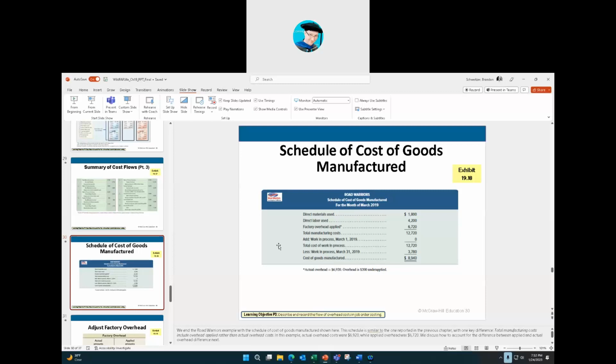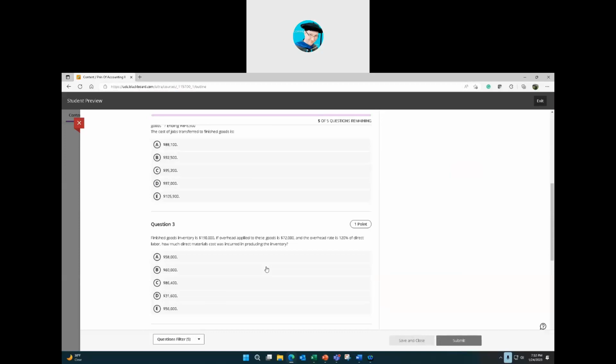So I'm looking for direct materials used plus direct labor used plus factory overhead to find total manufacturing costs, plus beginning balance work in process equals total work in process, minus ending balance work in process equals the total cost of goods manufactured. This is probably the slide I would use to answer that question, because it follows the formula.